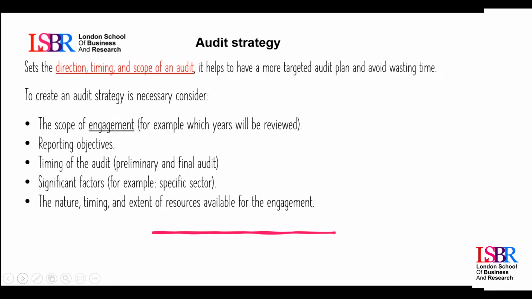And additionally, we need to define the timing of the audit. Normally in external audits, we have two periods. One is preliminary, and the other is the final audit. The preliminary audit is more like in September or October, and the final audit is next year, because we need to let the company close all the bookkeeping and all the accounting.